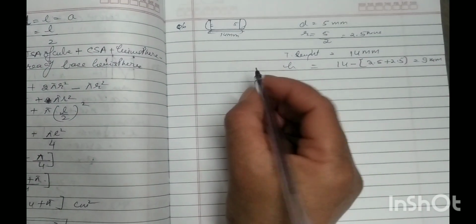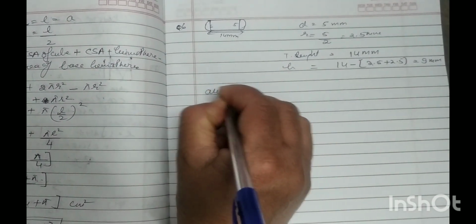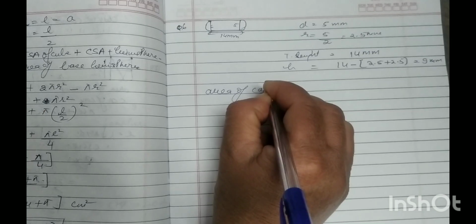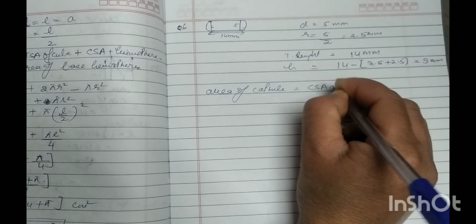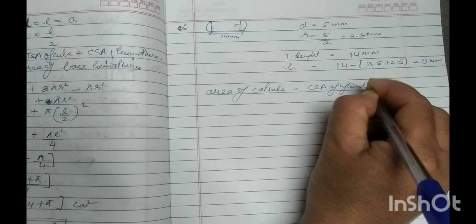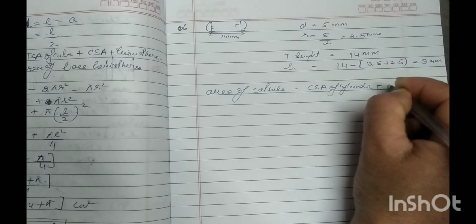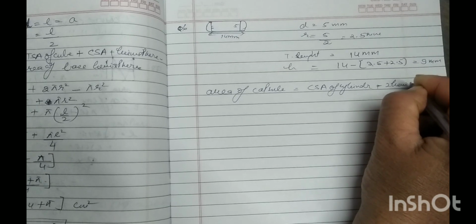Now the area of the capsule equals the curved surface area of the cylinder plus the two hemispheres.